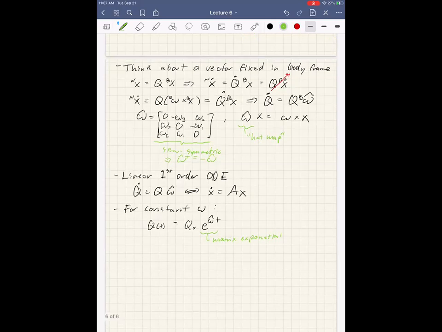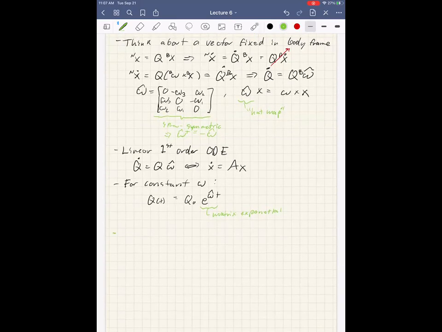Okay, so next up, for small delta t, just as an aside, this thing is just a matrix exponential. We've got e to the omega hat delta t is approximately, if I just truncate the Taylor expansion, I plus omega hat delta t, which means if I have a vector x, e to the omega hat delta t times x is approximately x plus delta t times omega cross x.